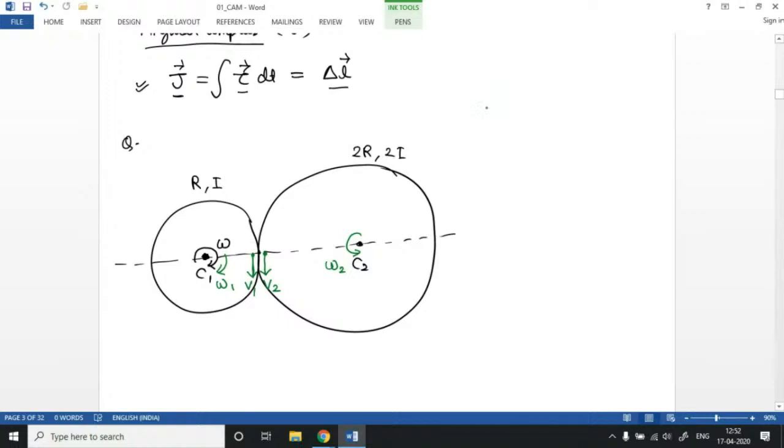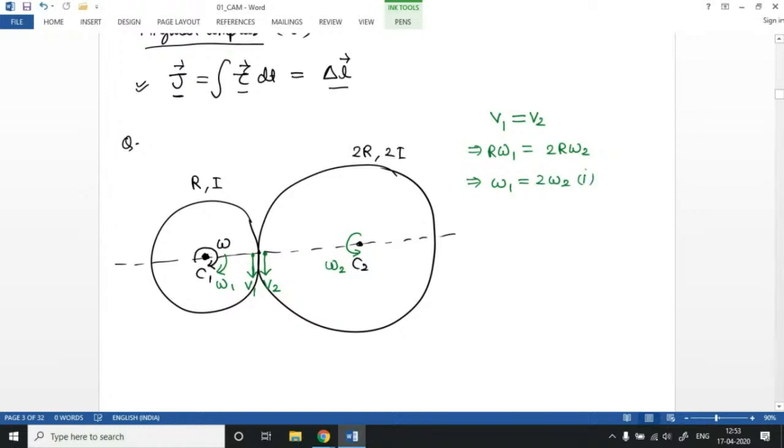So after a long time, very safely we can say that v1 will be equal to v2. v1 is r times omega 1, and v2 is 2r times omega 2. So we have got a very simple relationship. The first equation: omega 1 is equal to 2 omega 2.